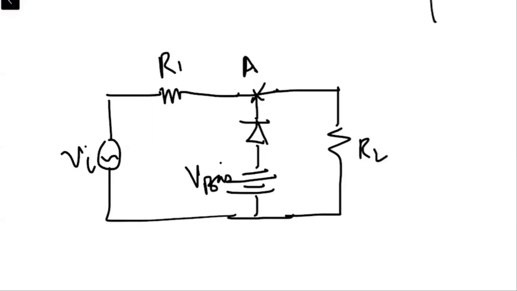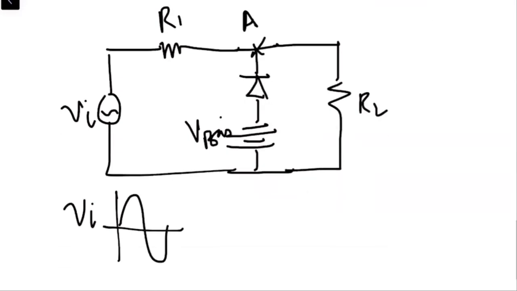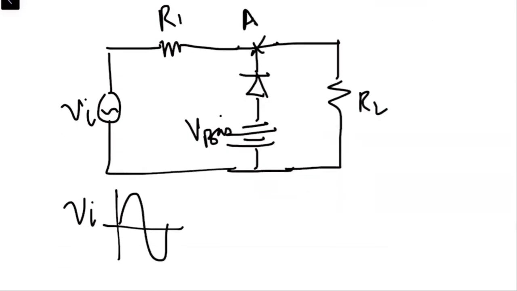Again, we are saying that the input is Vi, which is a sinusoidal wave, right? And we are taking the output across RL. Okay, so how is this circuit going to behave? Anyone?